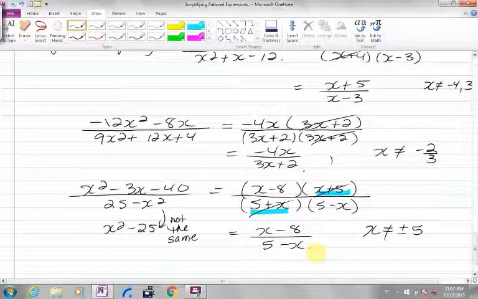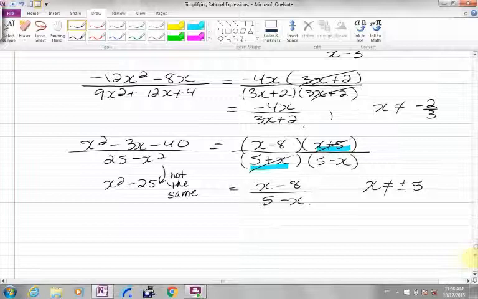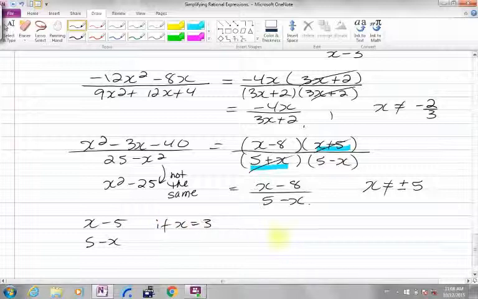All right? If it was x minus 5 and 5 minus x, would those be the same? No. How would they be different, though? Let's say if x equals 3, then we'd have 3 minus 5 and 5 minus 3.